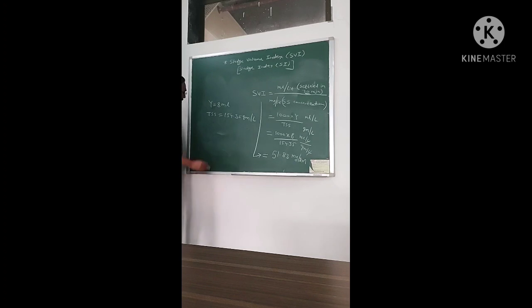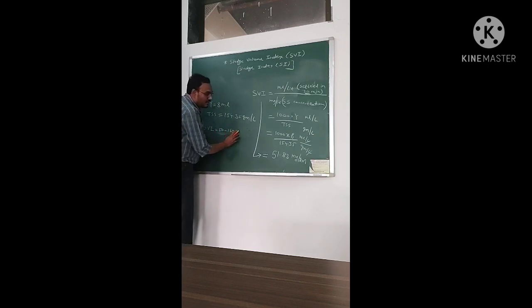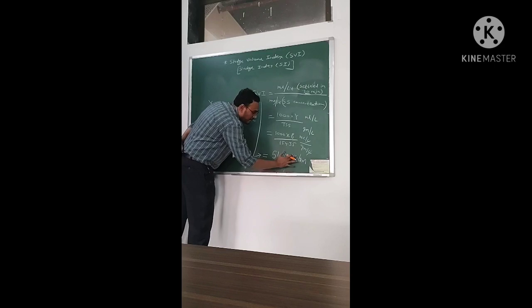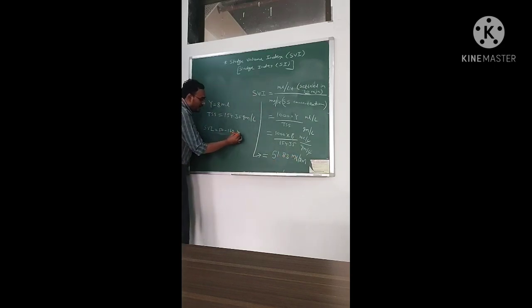We know the range of SVI, that is about 50 to 150 ml per gram. That should be ml here, right? Ml per gram for good settling. That we call a good settling.